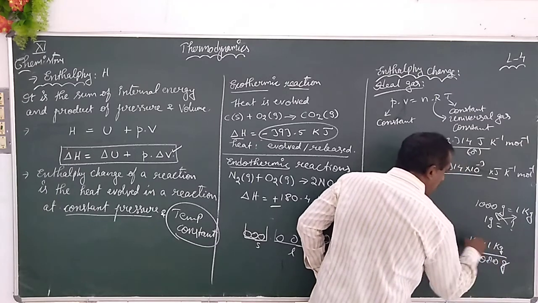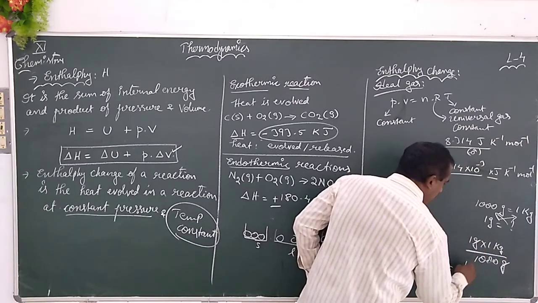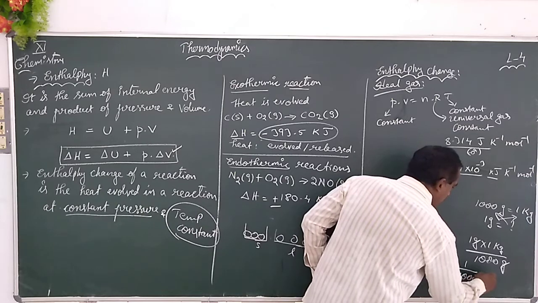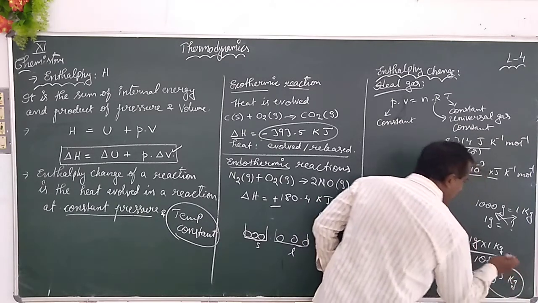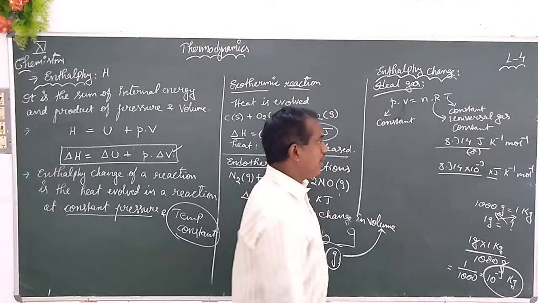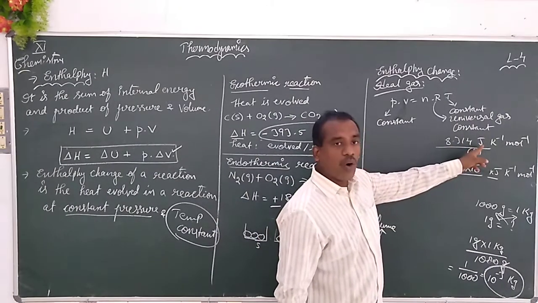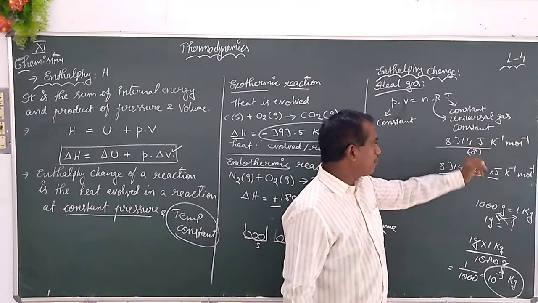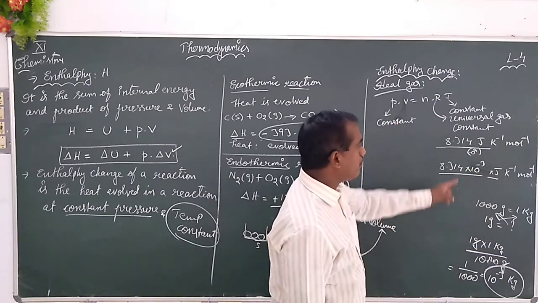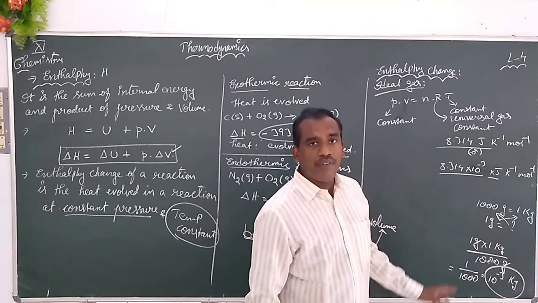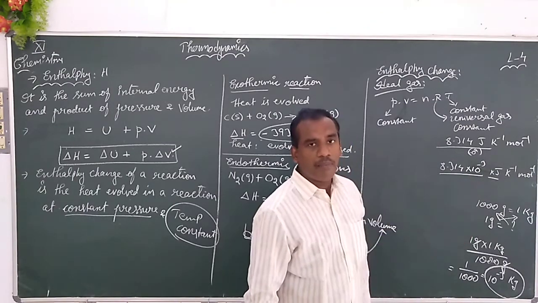So gram and gram cancel, giving 1 upon 1000. Can you write this as 10 to the power minus 3 kilogram? Do you agree with me? Similarly, like gram to kilogram, when we take joule to kilojoule, we need to multiply by 10 to the power of minus 3.